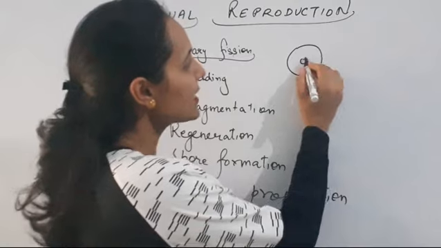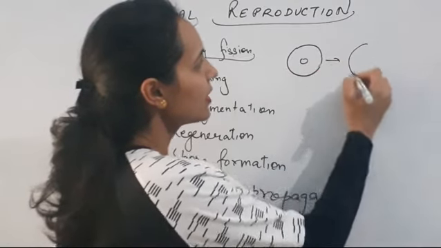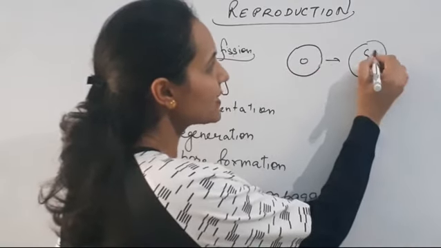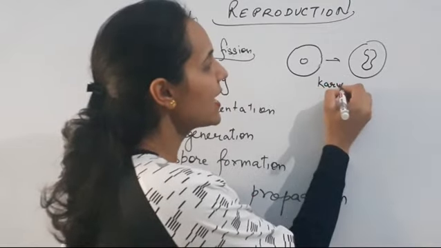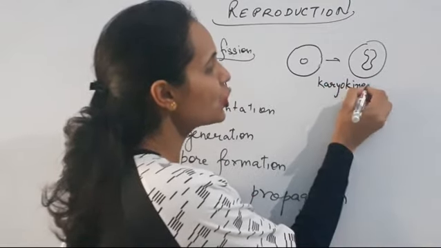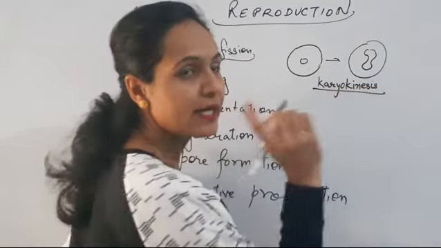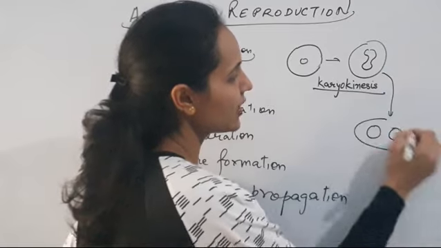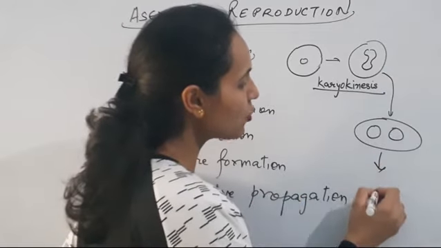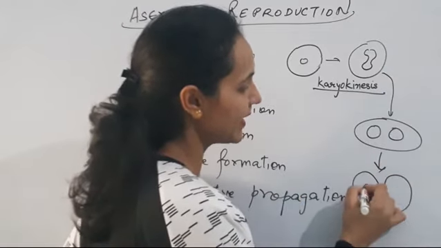So in this organism, the division of the nucleus takes place. The nucleus starts dividing, and this phase is known as karyokinesis, that is nucleus division.